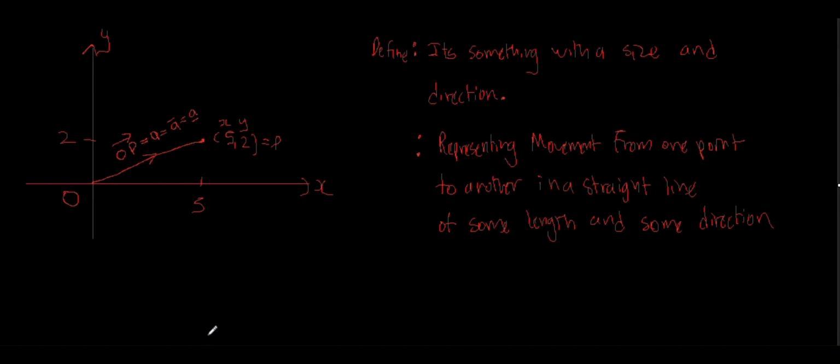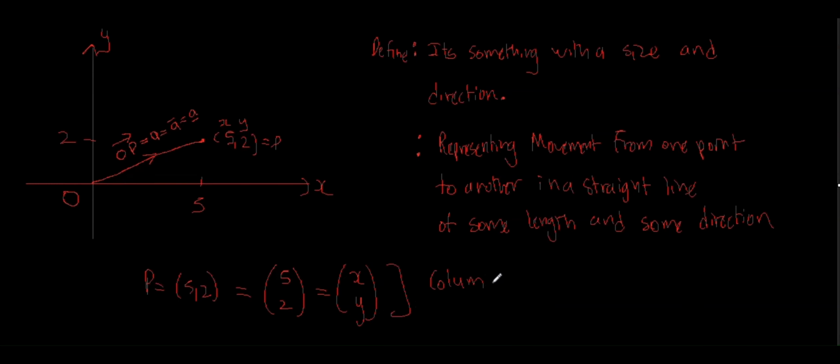So we could say the point P, which in Cartesian is (5, 2), in vector form is expressed as follows: 5 over 2, x coordinate here, y coordinate here. This is called column vector notation.